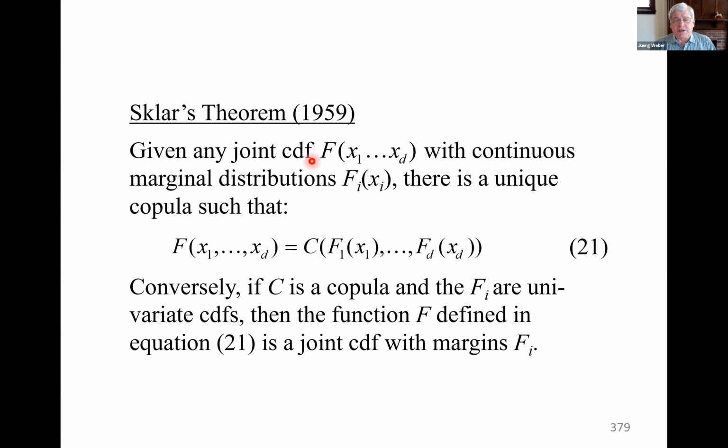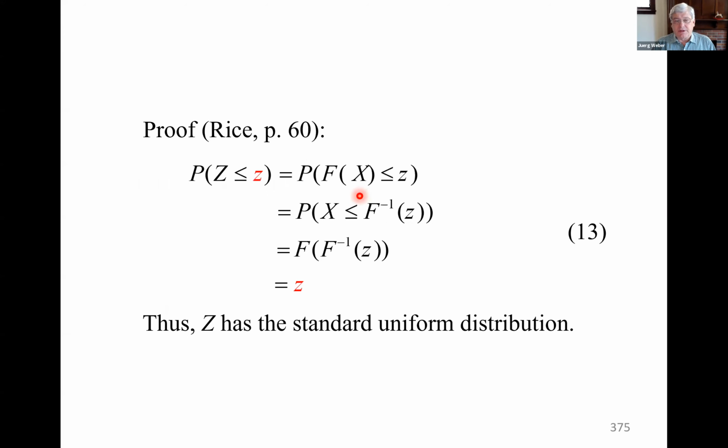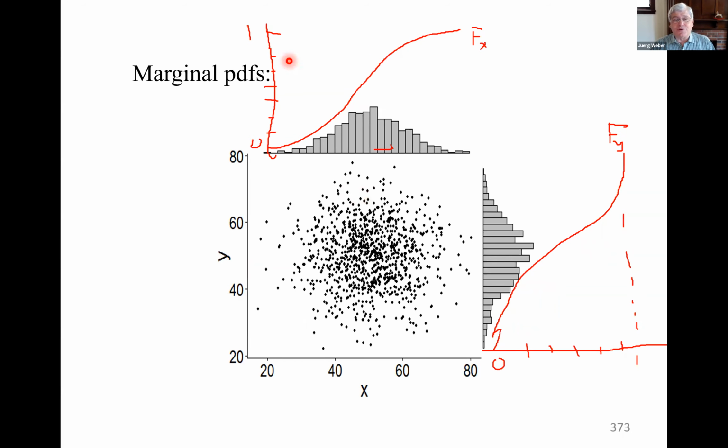Given the joint CDF, I have here a joint CDF of a joint random variable up to D random variables. We have continuous marginal distributions. Remember, the values of those marginal distributions are uniform. That's very important.